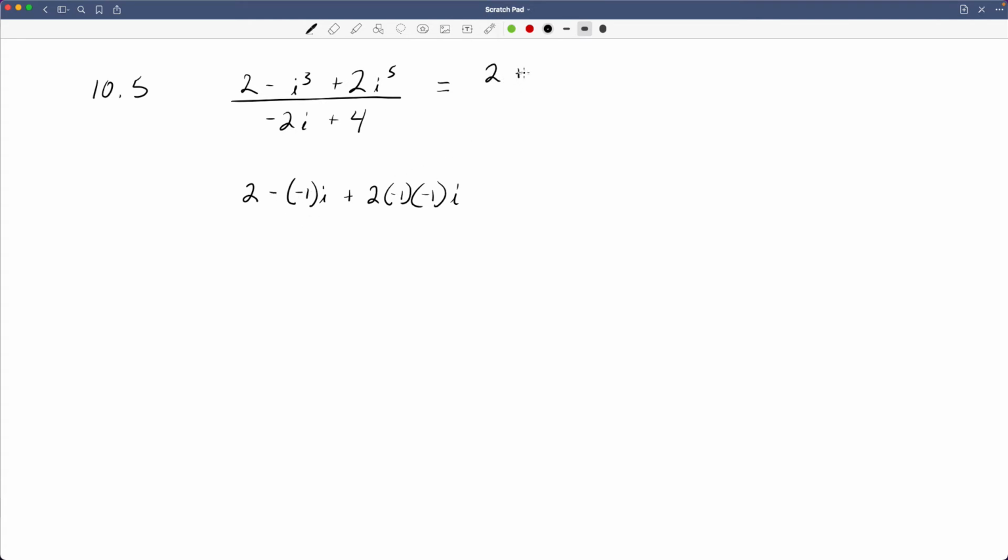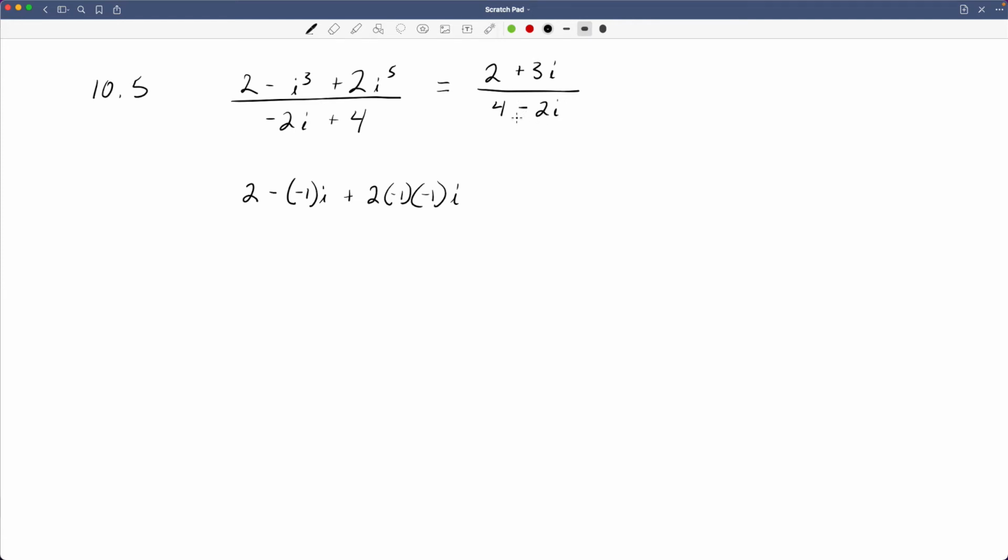So it's going to be 2 plus i plus, because a negative and a negative makes a positive, 2i. So we can combine these two and say 2 plus 3i. Now we know that we need to put the i, the imaginary number, to the back. So this is going to be 4 minus 2i.